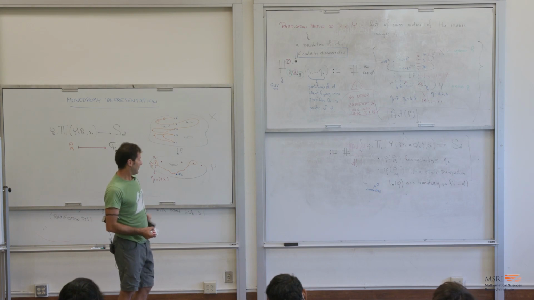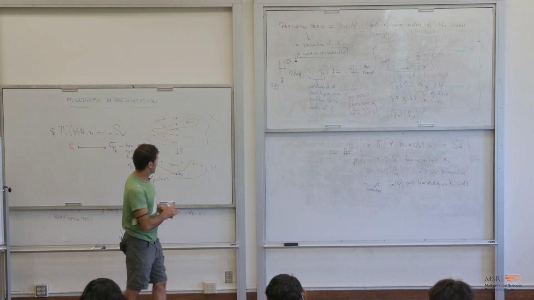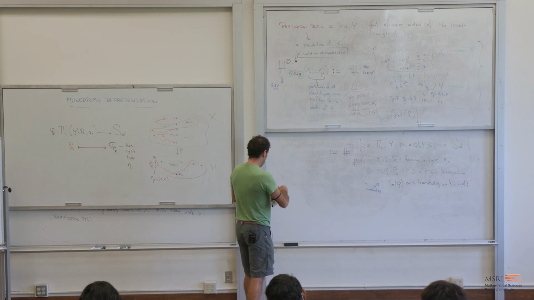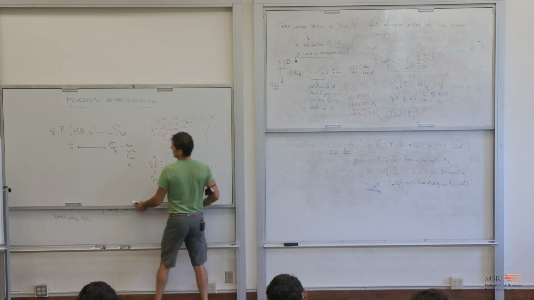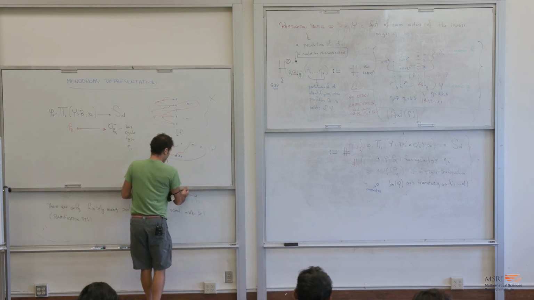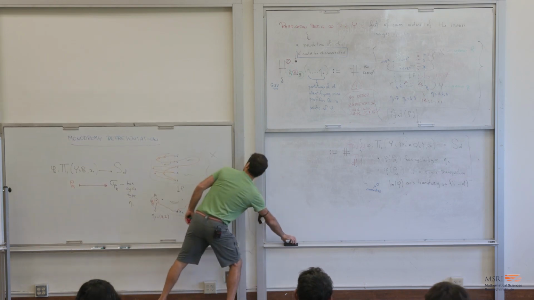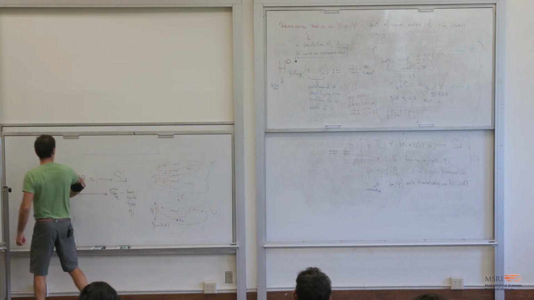Let's see how much time I have left. Okay, 15 minutes. Yep. All right, so a couple examples, because now I can really count a lot of stuff. Well, not really, but a lot more than before.